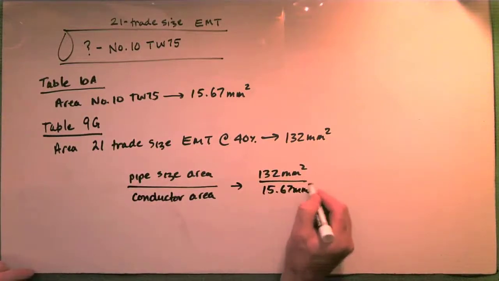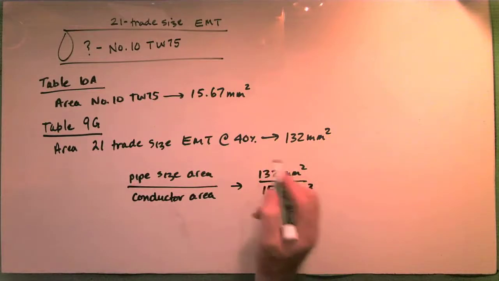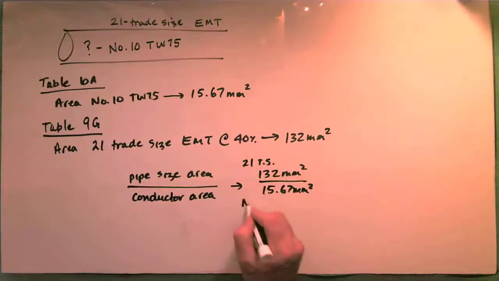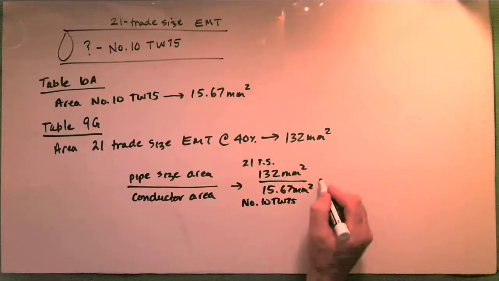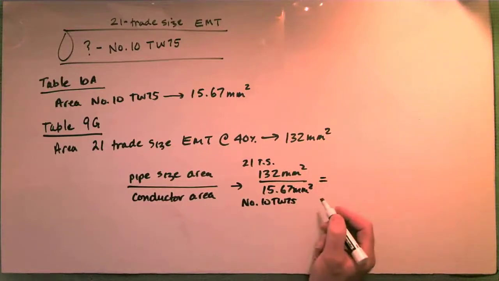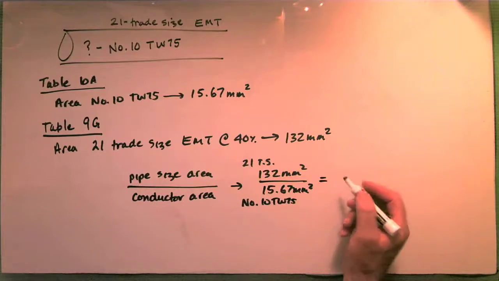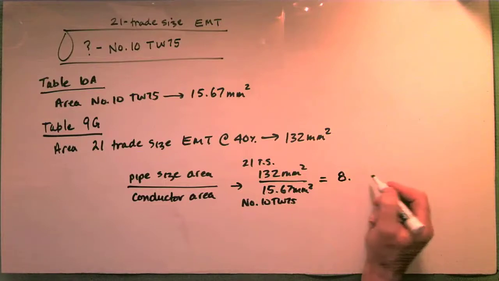So all I'm going to do is divide the area of the pipe that you're using, this one here is a 21 trade size, by my number 10 TW75, and that's going to equal a certain number, I guess 8.8 or something. I guess 8 point something.